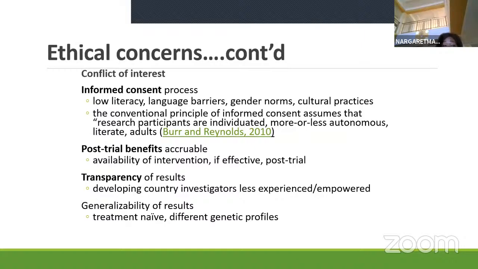I had mentioned the conflict of interest. Giving you further insights on the informed consent process, it takes cognizance of the following: the low literacy level. You know, education has something to do with appreciating what is being proposed to you.